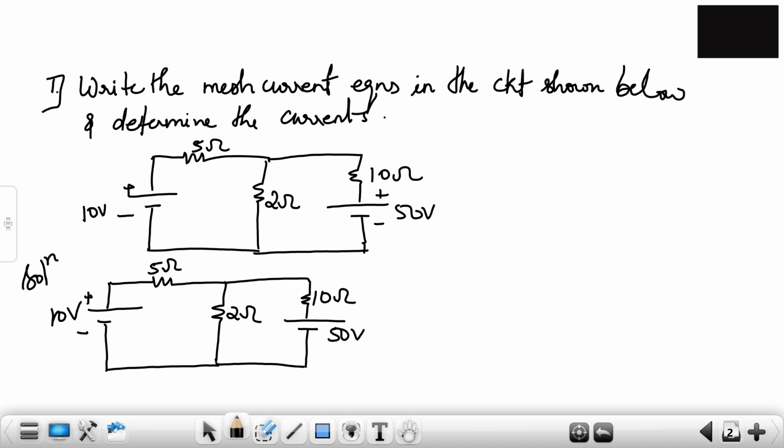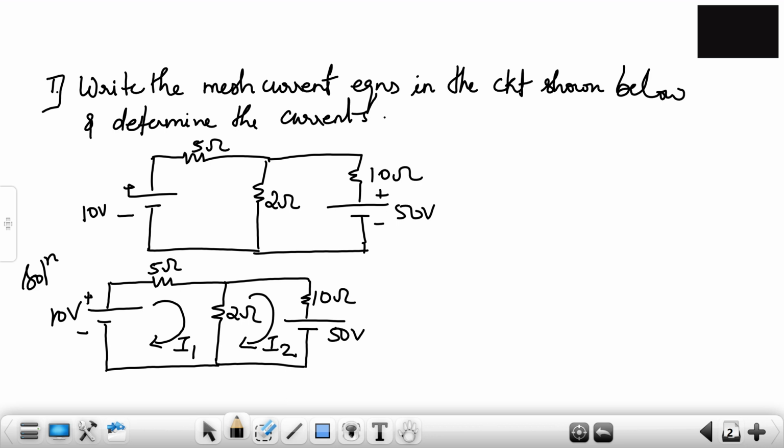Now we can assume the direction of current. So I am taking one mesh current I1 in this direction. I am assuming I2 also in this direction. So let us write the mesh current equations.